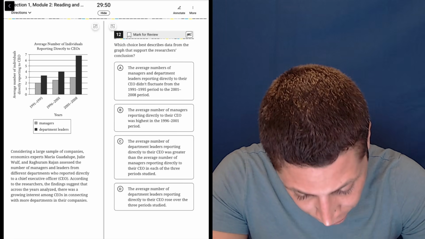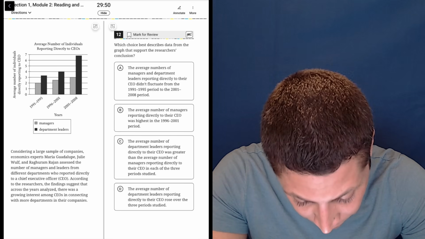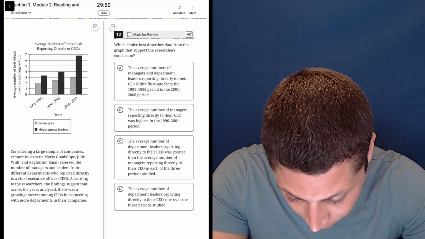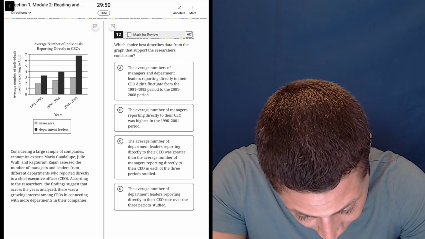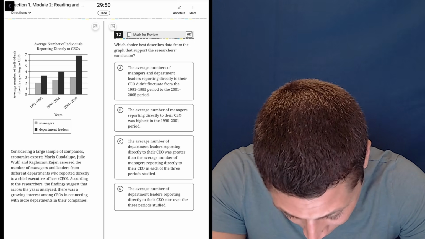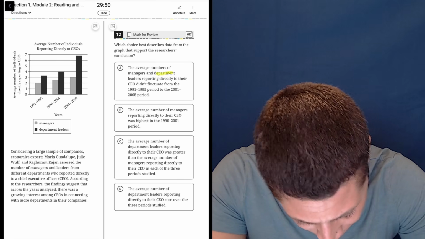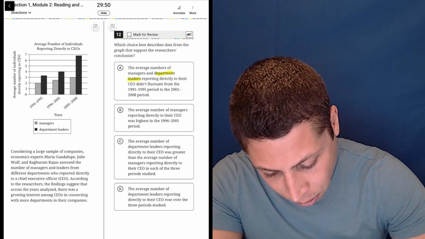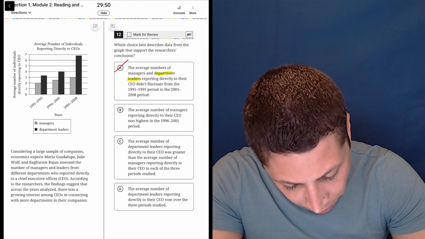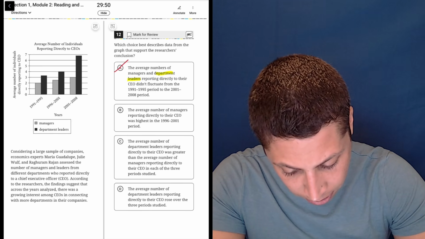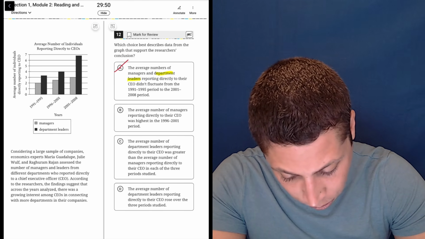The average numbers of managers and department leaders reporting directly to their CEO didn't fluctuate from 1991 to 1995. Of course it fluctuates, right? The black bar is higher. That seems wrong. The average number of managers reporting directly to their CEO is highest in 1996 to 2001.